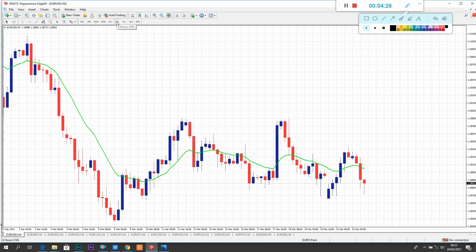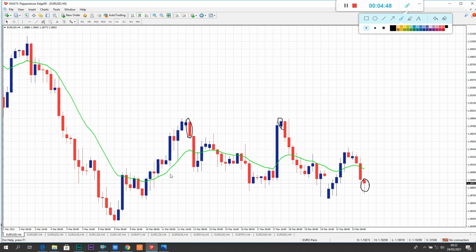I'm using the H4, and that stands for 4 hours. So 4 hours simply means that each and every red or blue candle you are seeing here took a maximum of 4 hours to be completely formed. Even this one, and even this one.